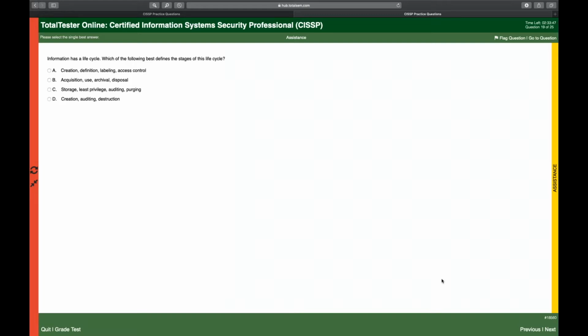Anybody else? Yeah, I'll go for Bravo too. It has to be something. Yeah, I'm thinking probably acquisition, use. After you've used it, you don't want to get rid of it right away. You want to archive it for a while and then dispose of it. Yeah, I'm thinking Alpha.